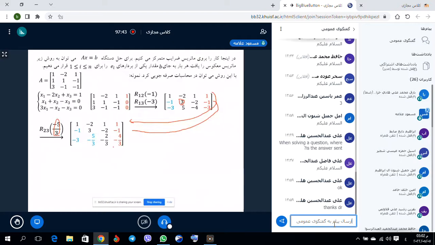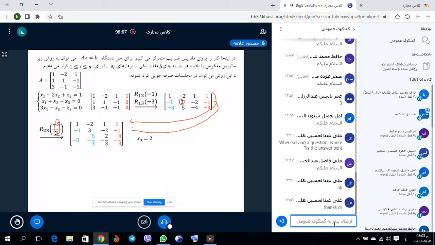So we can calculate x3 from here. X3 will be 2. Put it here. Minus 2 multiplied by 2 is minus 4. Go to the right hand.